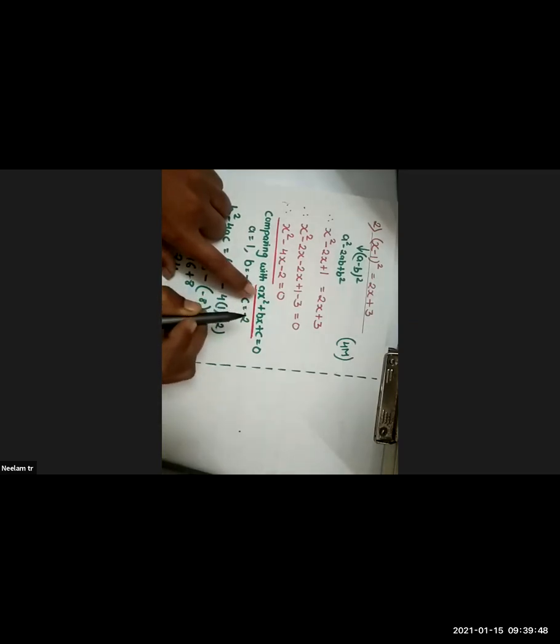This is your standard form of quadratic equation. This first equation of ours was not in standard form. Is it in standard form? No, it wasn't. What is our standard form of quadratic equation? ax square plus bx plus c. So first we make it into standard form. We first made this into standard form. Then we got the coefficients of a, b and c.